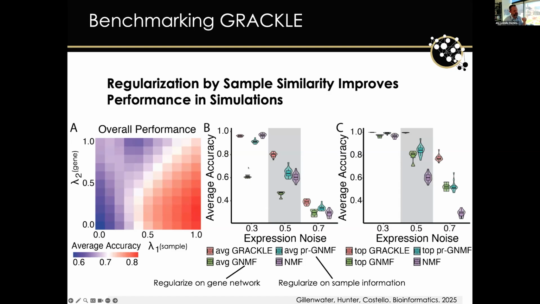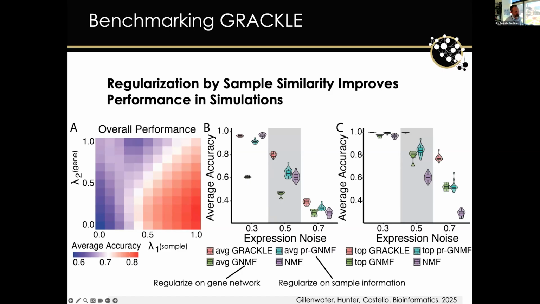The short of the story is, even as you add more noise into the system, this little orangey reddish color here, that's the Grackle method. The green would be if we only regularized on gene networks, and the blue would be if we only regularized on sample information, and this NMF is just your standard, no regularization at all.